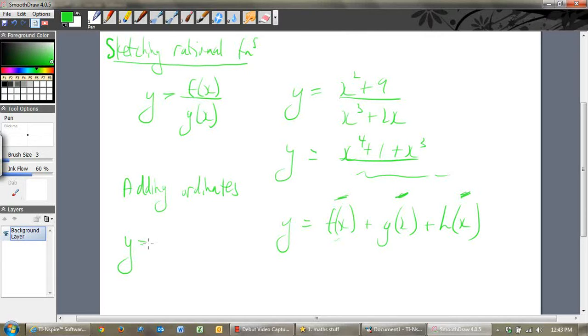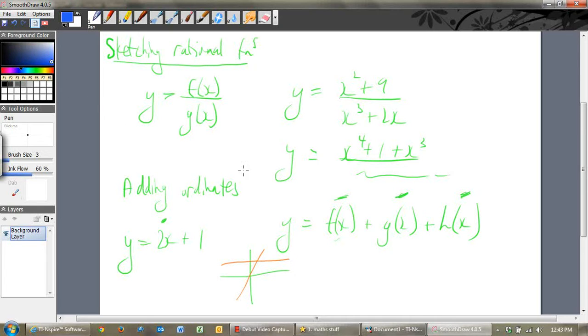But basically, say you've got, as a really easy example, y equals 2x plus 1. You know how to sketch this, but one way is to sketch the graph of y equals 2x, which looks like this, and the graph of y equals 1, which looks like that. Then you can just add all your ordinates together.